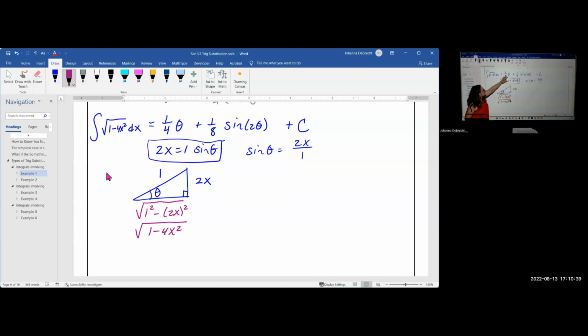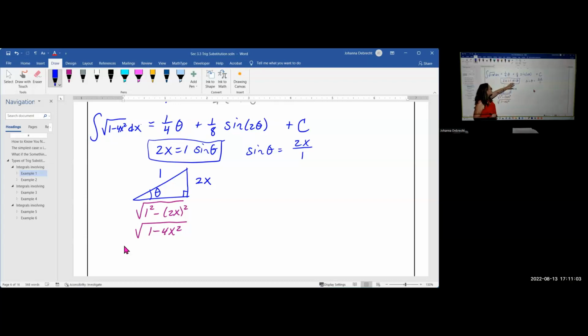So I'm going to come up here to this expression, and I'm going to use the right triangle trigonometry to replace the theta and the sine of 2 theta. Now, this one gets pretty tricky. It's not straightforward. This is not one of the easier ones. So first off, if 2x equals sine of theta, what's theta?